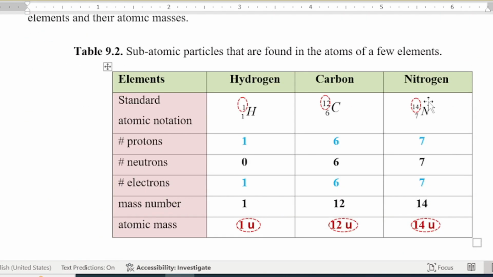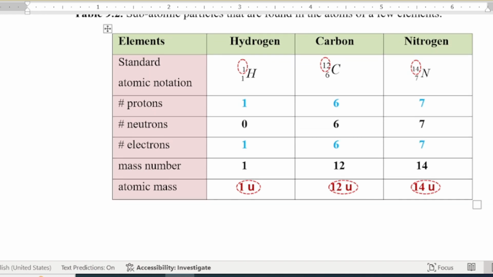Here we have 3 different atoms. We have one of the isotopes of hydrogen, one of the isotopes of carbon, and one of the isotopes of nitrogen. You can see this is the mass number here, and that translates into atomic mass here. So you have 1 amu for hydrogen, carbon will be 12 amu, and nitrogen 14 amu.